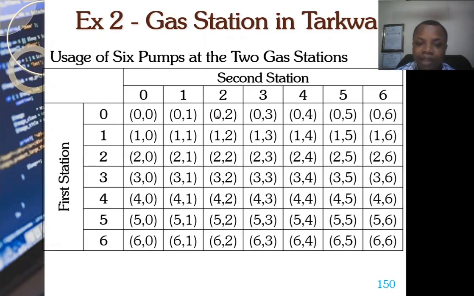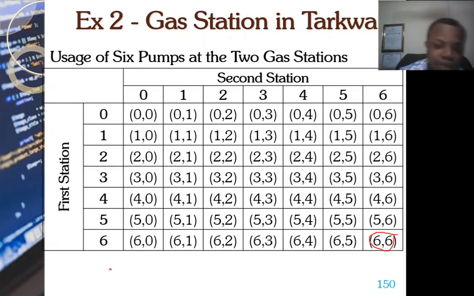So in this case too, a similar thing happens until we get to a situation where perhaps all the 6 pumps will be used at the first station, and all the 6 pumps will be used at the second station. So these are all the samples or sample spaces that we could come up with when dealing with the usage of 6 pumps at each of these two gas stations.